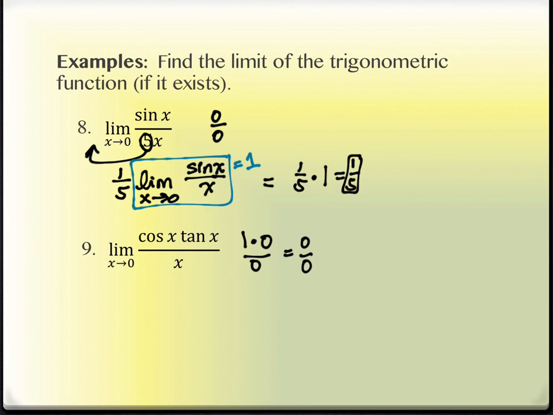Well, there are fundamental identities that allow you to combine cosine of x times tangent of x. In particular, you can rewrite like this. Cosine of x is good just like it is. But the tangent is the same thing as sine of x over cosine of x.